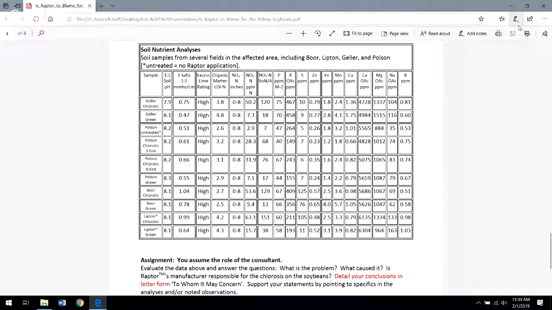Only if you use elemental sulfur. If you use sulfate, it's already oxidized. Any of those sulfates are already oxidized. And the problem with elemental sulfur, which is organic, it's slow release, right? You need to put it on in the fall to have it ready for the spring, right?